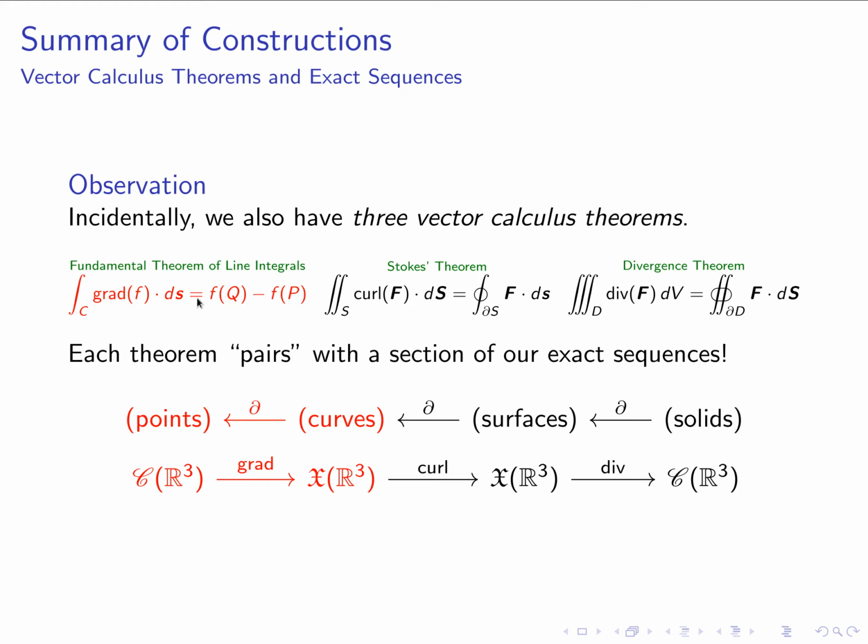The fundamental theorem says that's the same thing as taking the original field, which is a scalar field here, and evaluating on the boundary. So we have the picture on the right-hand side, which is the gradient, a vector field, being evaluated on a curve, being equated to looking at the original scalar field and evaluating on the boundary, which consisted of 2 points.